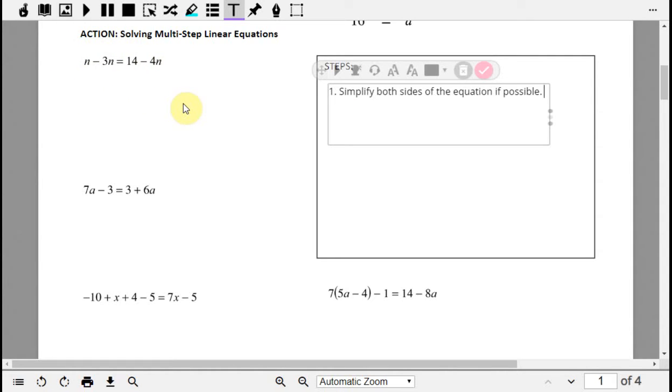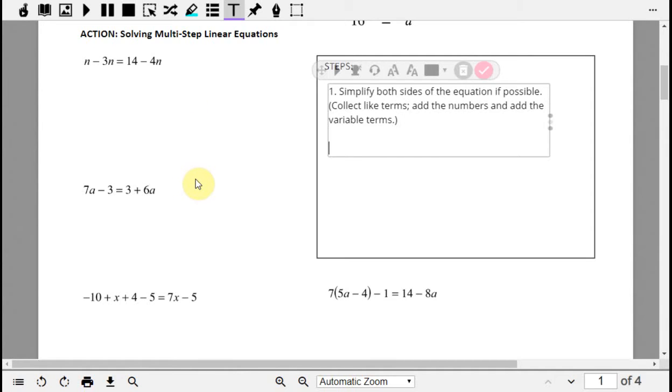And by simplifying, we mean collect like terms. Another way of saying that is to add the numbers and add the variable terms, right, to make them simpler.